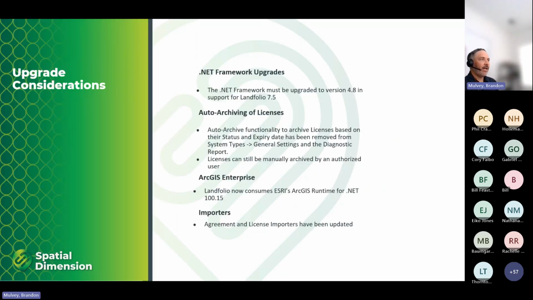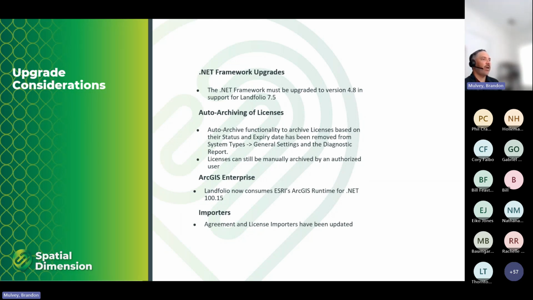And lastly, here are some upgrade considerations. I'll briefly run through these. So, as of 7.5, the .NET Framework must be upgraded to 4.8 in support of Landfolio 7.5. The auto archiving of licenses has been removed. Licenses can still be manually archived by an authorized user, but the auto archiving has been removed.